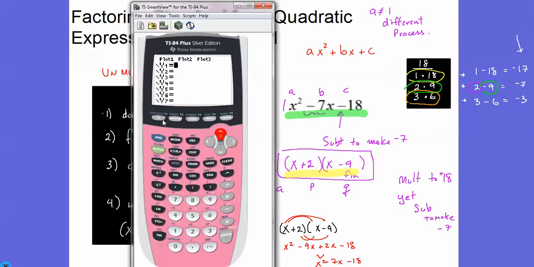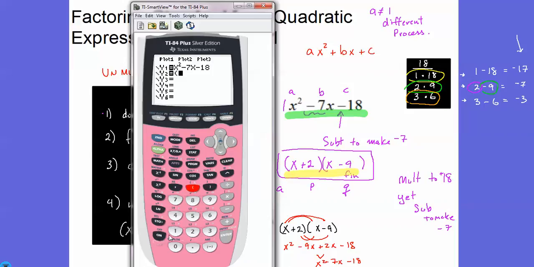Let's look. X squared, subtract 7x, subtract 18. Alright, next line. This is going to be where I enter my result, the one I want to check.